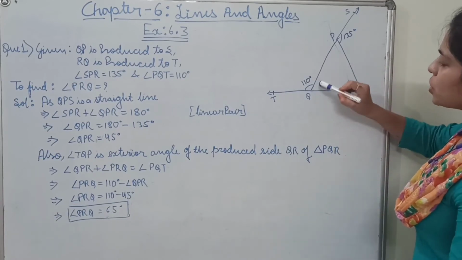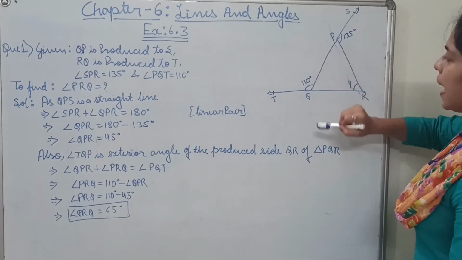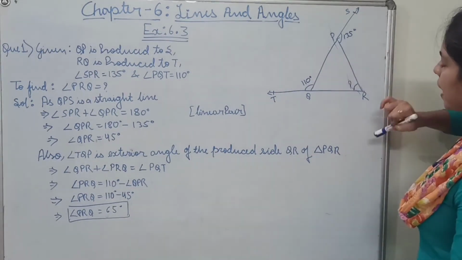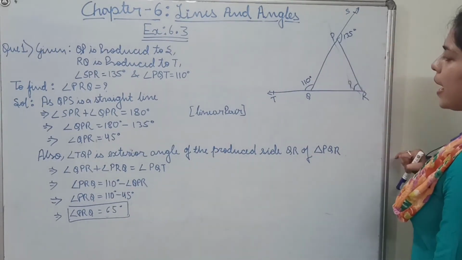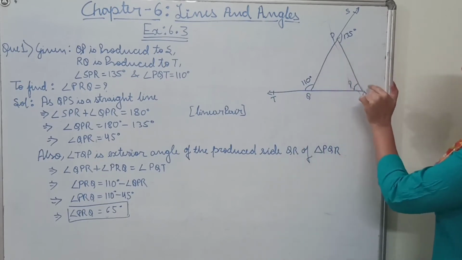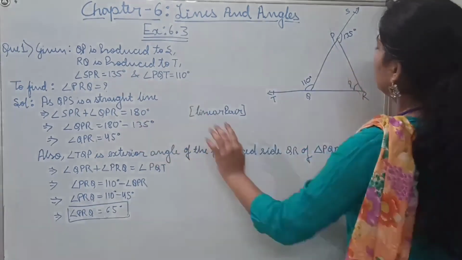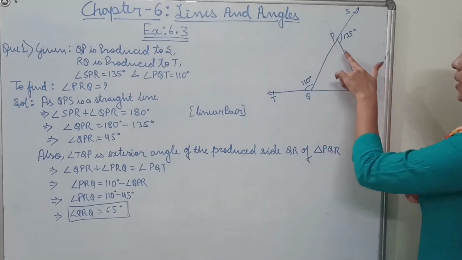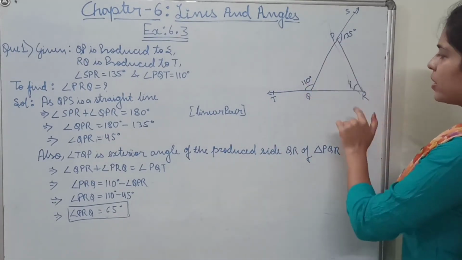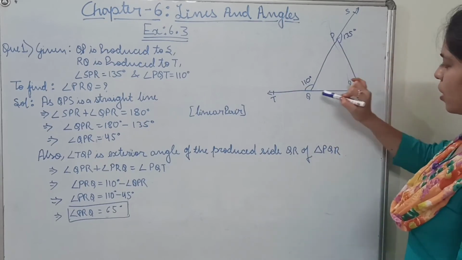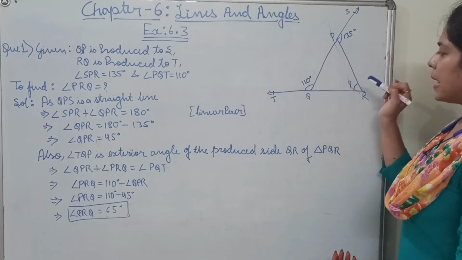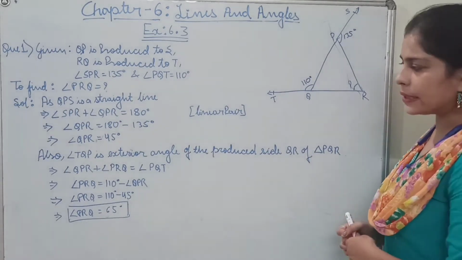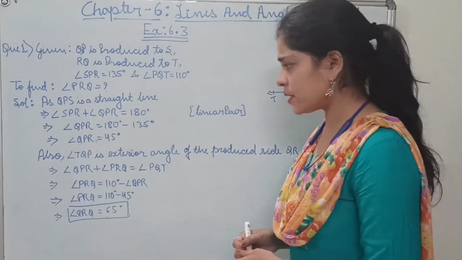The interior opposite angles of this angle are angle QPR and angle PRQ, and we know the measure of QPR from here. If we equate the sum of QPR and PRQ to this, we can get the measure of PRQ, by the exterior angle property or theorem 6.8 given in the NCERT textbook.